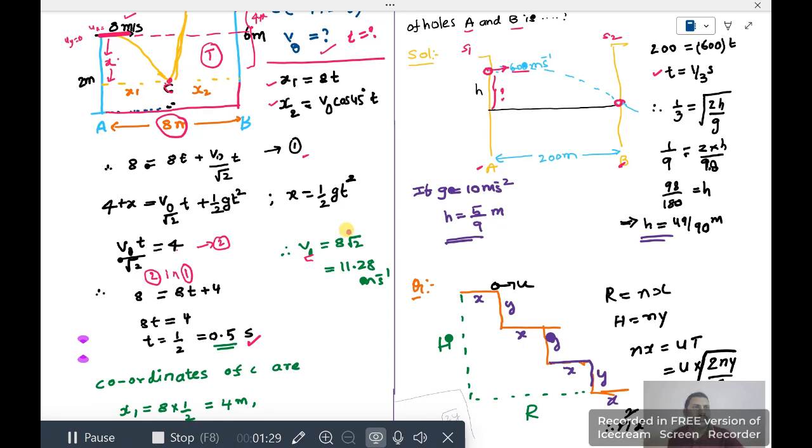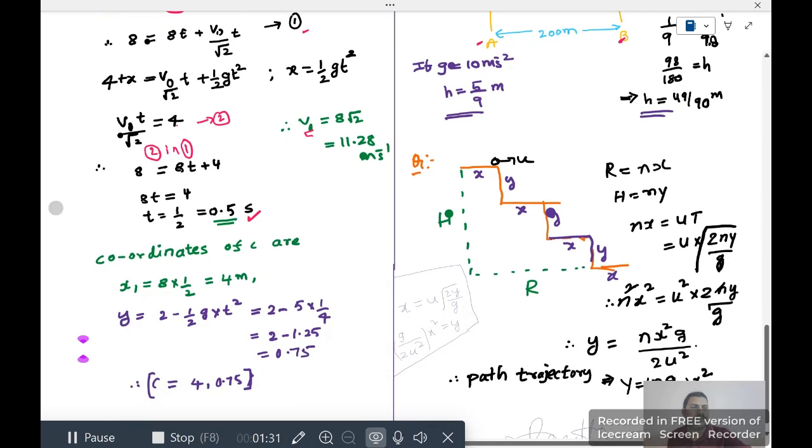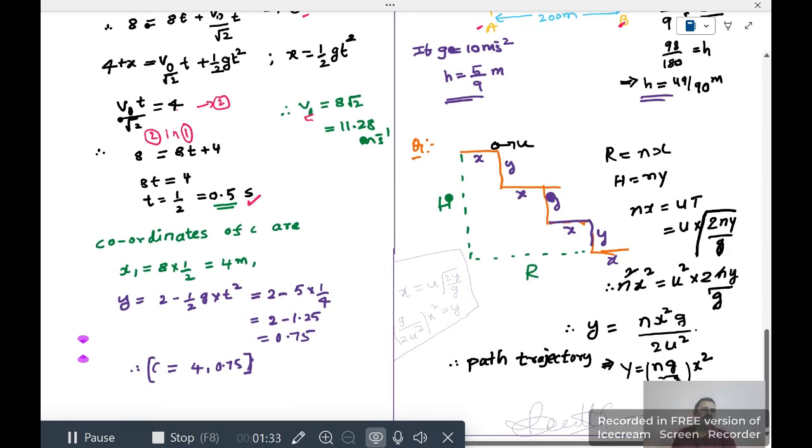So here I can consider y, that is equal to 2 minus x. So the coordinates of C are x1 and y. We know x1 is equal to 8 into t, and the y displacement is 2 minus x. Here x is equal to 2 minus half g t square.